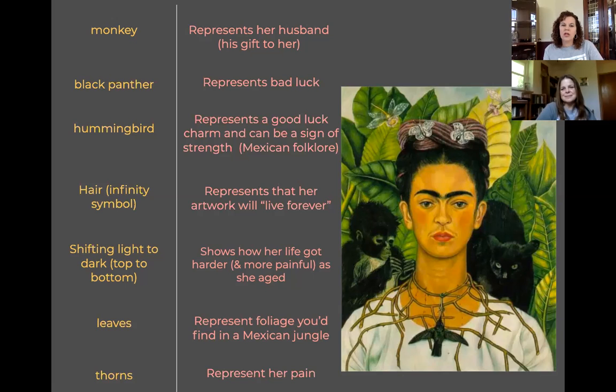And so there's a good theory that this hummingbird being lifeless and hanging and not moving and being black could reference that she does not feel like she is full of life and able to move around a lot since she is confined to her bed. So that's just one more idea for how art can be interpreted differently.